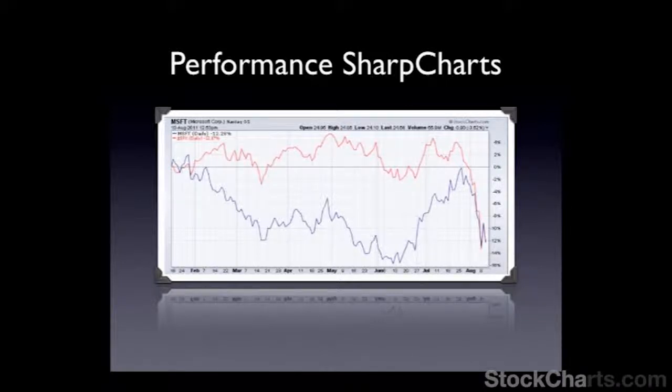Evidently, the good times ended on January 1st, 2010, because you can tell more or less from that point on until recently that the line was trending down, and so the S&P was outperforming Microsoft at that time. Recently, it turned around, and I don't know where it is at this point. This chart's a little old.